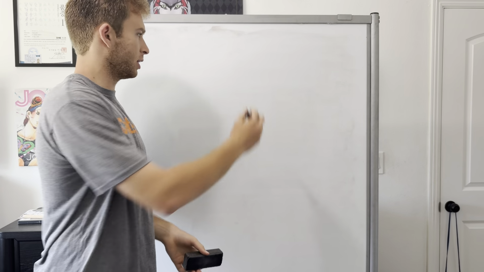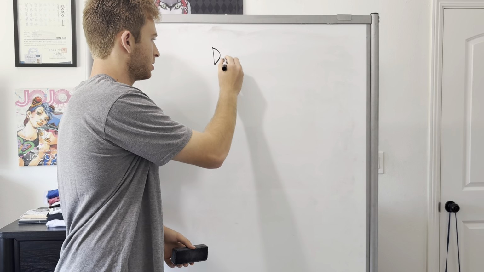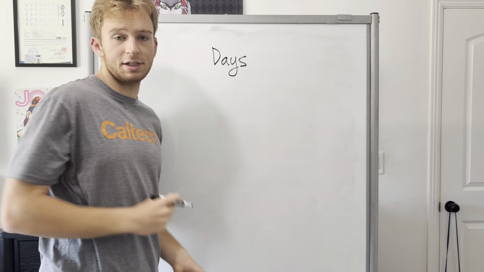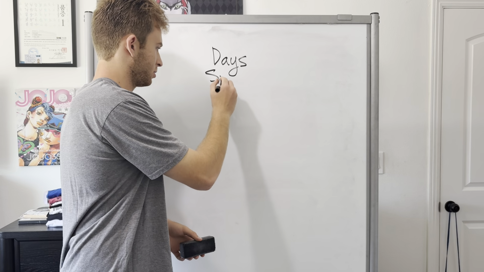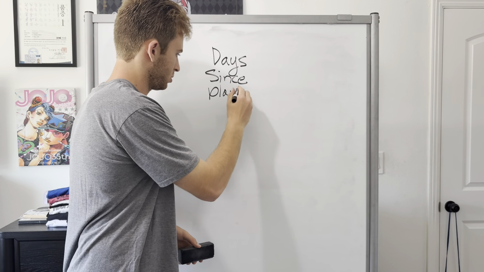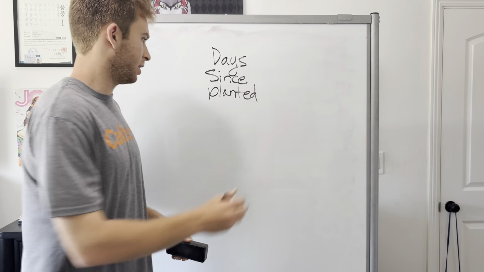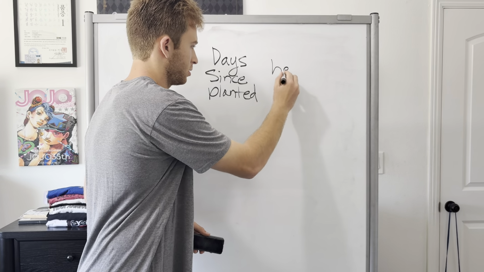And so I'm going to plot a graph here. I'm going to say this is the number of days, actually days since I planted this. And then on the other side, I'm going to have the height in feet.